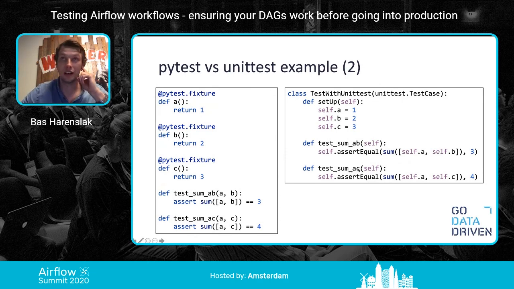So if b would be a mutable value, then in one test you could mutate it, and in another test you could actually create a different result for your test, which is obviously not what you like. So with these fixtures, they basically instantiate by default for every function, and this only scopes to the fixtures a and c.